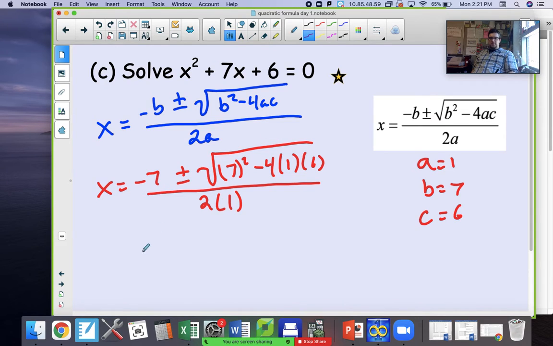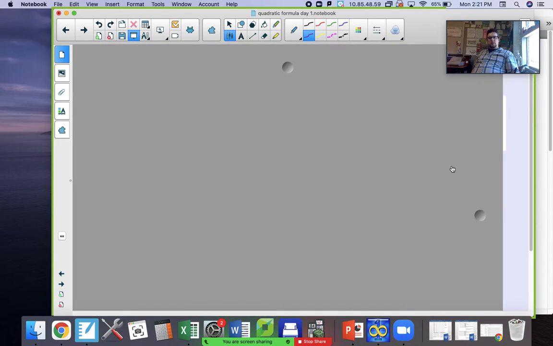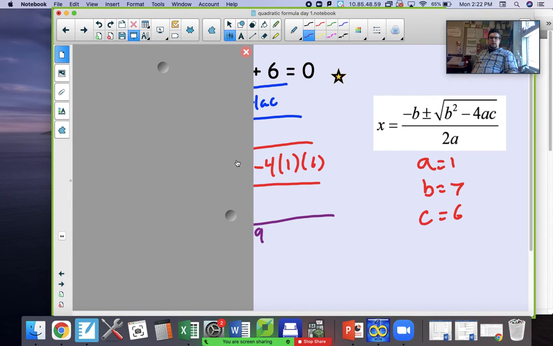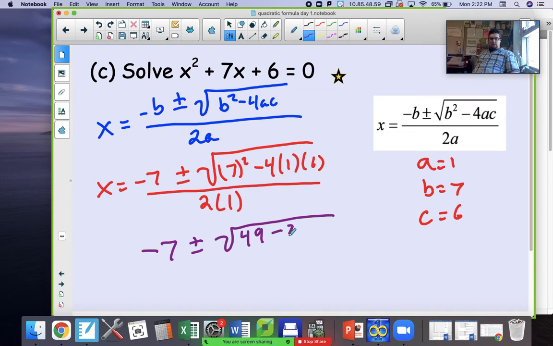So we have the negative 7 still there, plus or minus the square root of 49. So what I typically do on these problems, when I look right here, I'm going to take negative 4 times 1, so that's negative 4. Negative 4 times 6 is negative 24, and I write negative 24 all over 2.